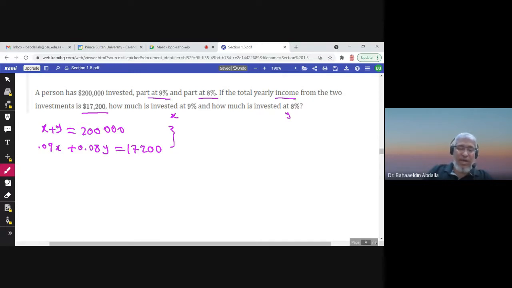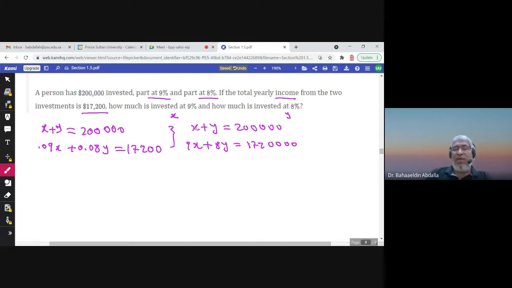Then 0.09 would be 9, so we have integers, not decimals. So I will do that. I will multiply the second equation by 100. So this would be 9x, and this would be 8y, and this would be 17,200 with two zeros. Maybe this is better.